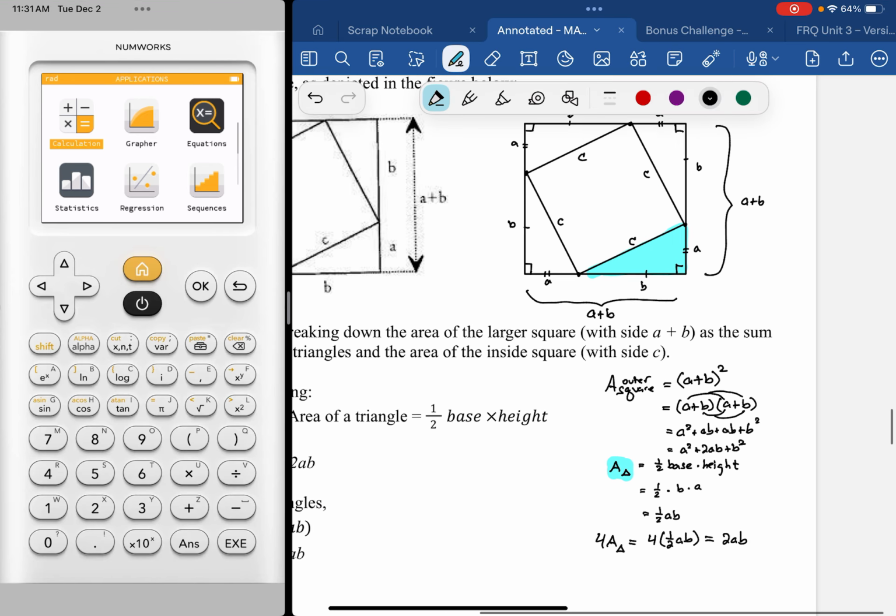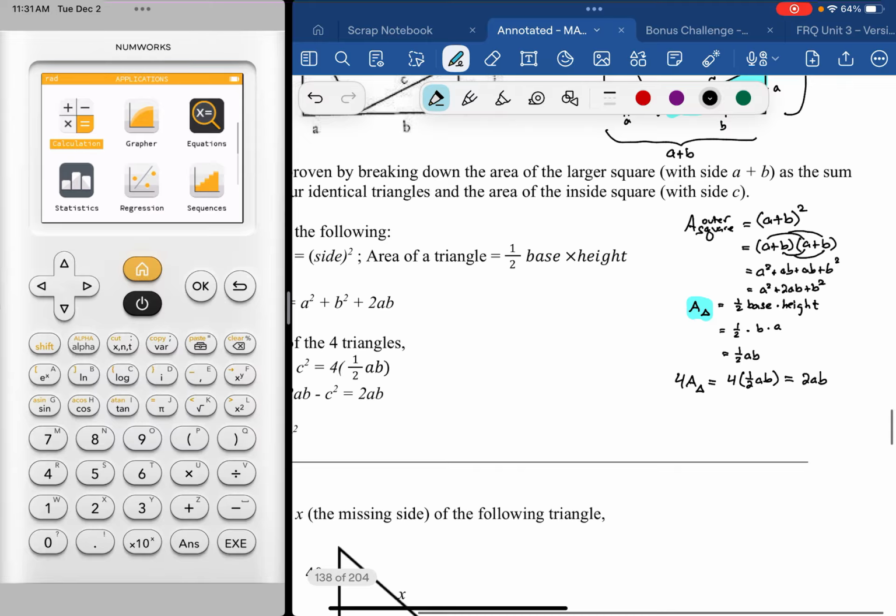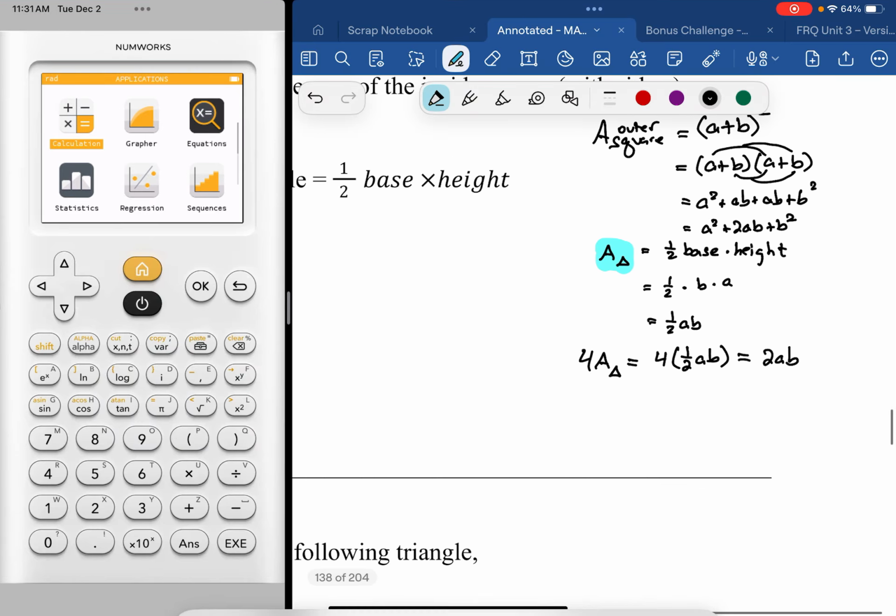Now, if my ultimate goal is to find the area of the square, I did it again, the inner square, the area of the inner square is going to be equal to the area of the outer square minus the area of the 4 triangles.